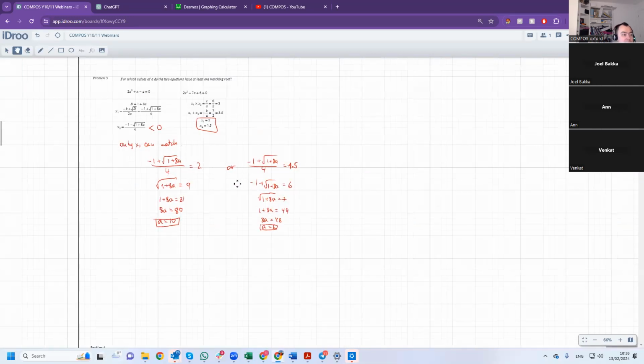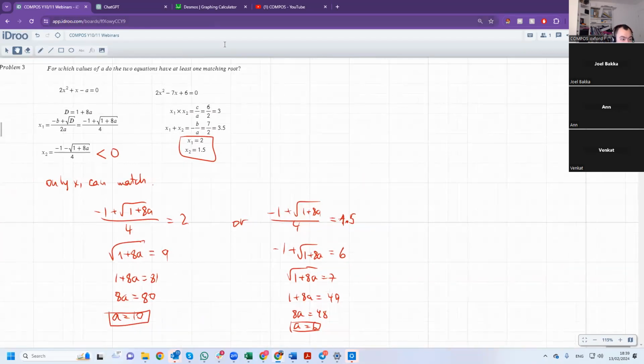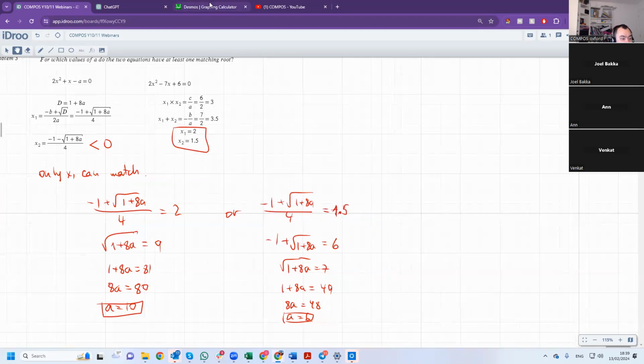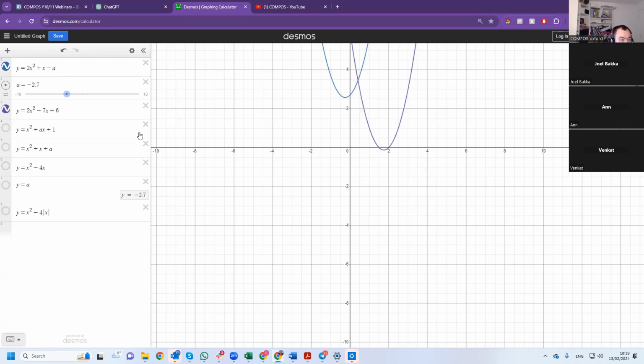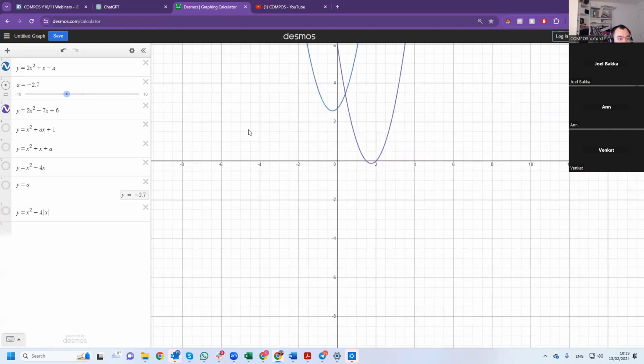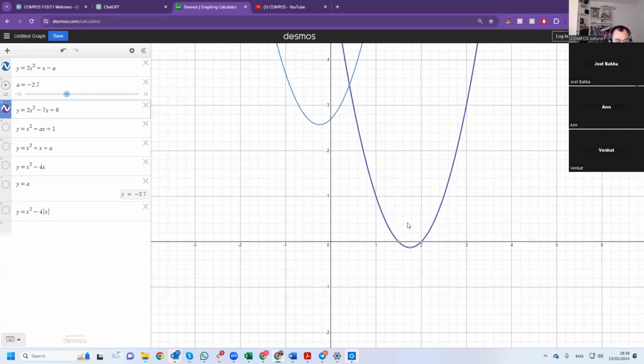Let's check that this is indeed true. So you draw the first graph, draw the second graph. And you can see that the second graph has roots 1.5 and 2. These are the two roots of the equation. Now the second graph has -a, and as a changes, it moves up and down.